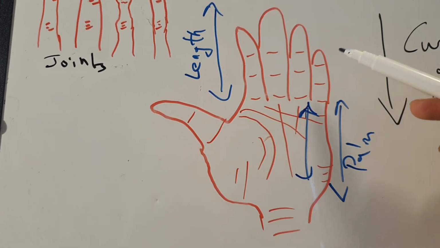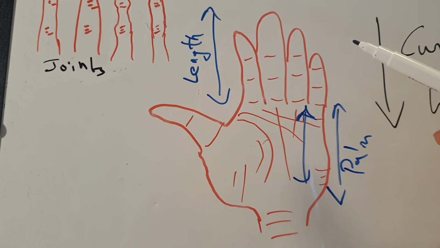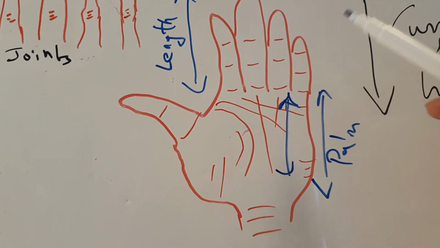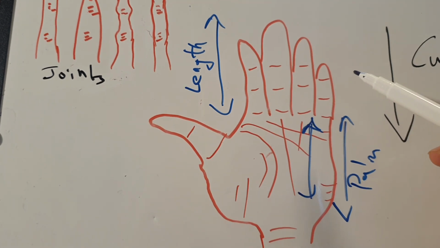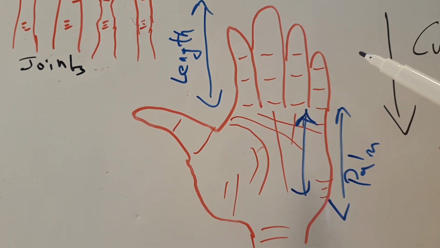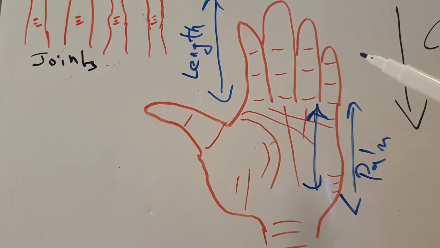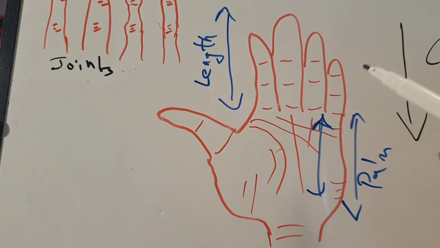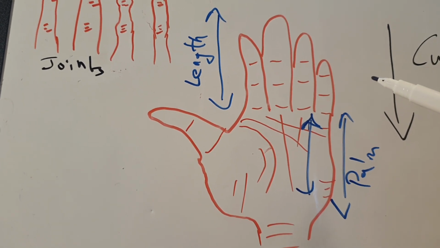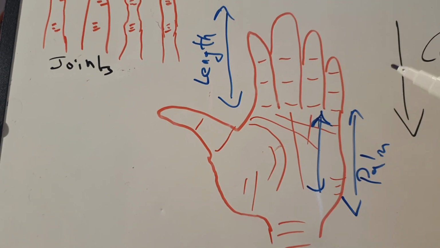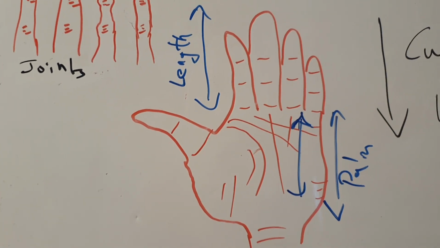So what it means is the person probably thinks more, or could be introspective, takes some time to process thought, is capable of more sophisticated abstract thought, and is probably concerned about more details, analysis, such a person, more analytical. Whereas if the fingers are short, then it's the opposite.